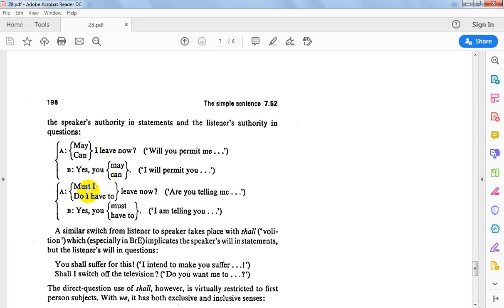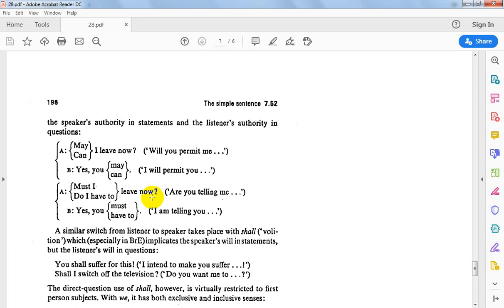Again with must and have to. The same case, of course, with application. Must I leave now? Do I have to leave now? Here the speaker has no authority. The authority belongs to the listener. Yes, you must. It became a statement, so the authority moved to the speaker itself.